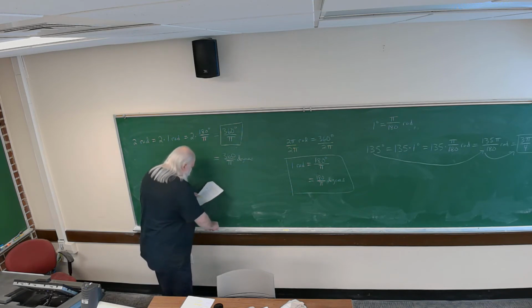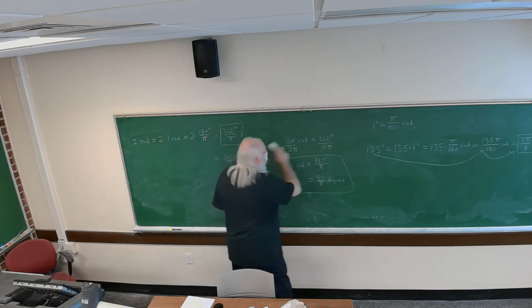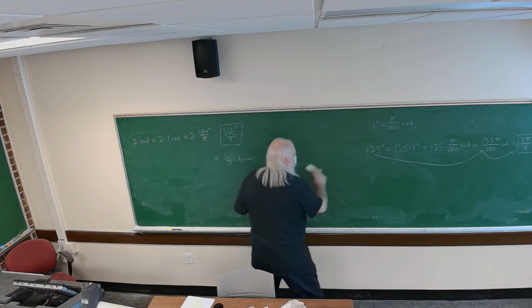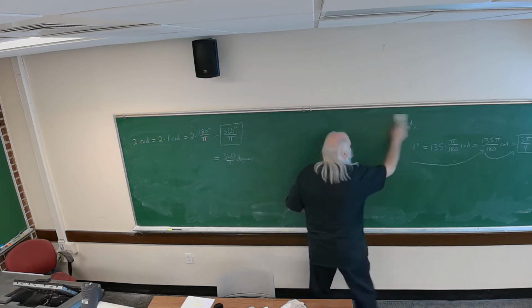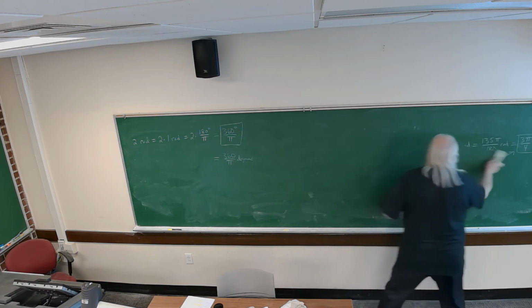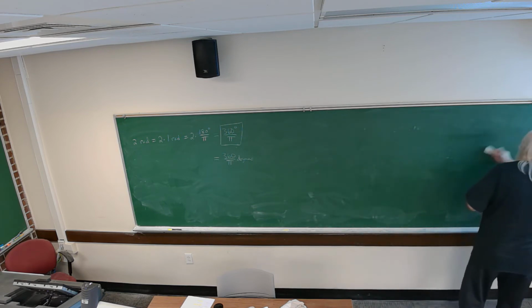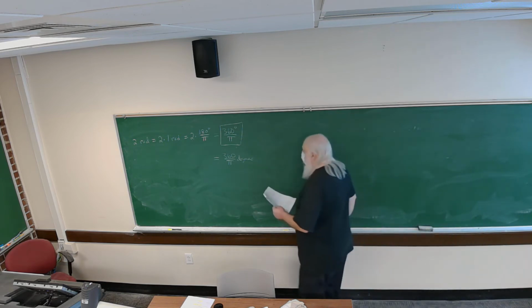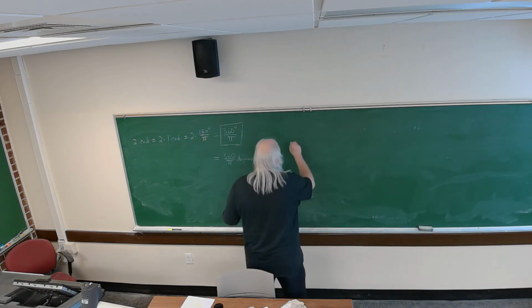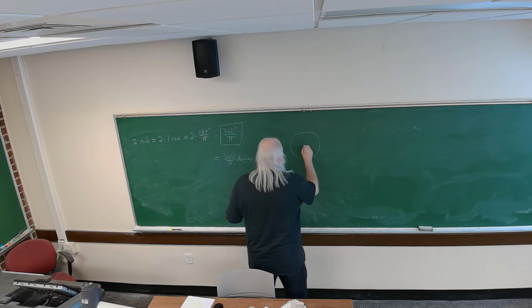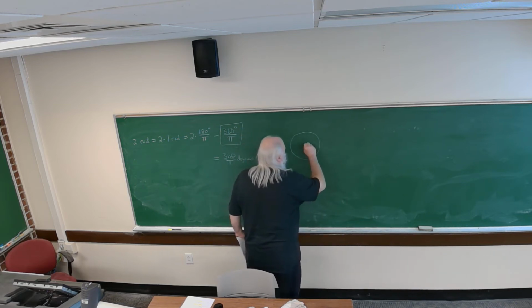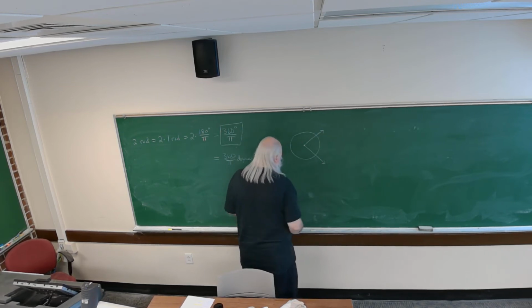Length of a circular arc. So that's what radian measure is based on, right? Arc length. So let me draw a picture. Here we have a circle. And then we have the central angle theta.